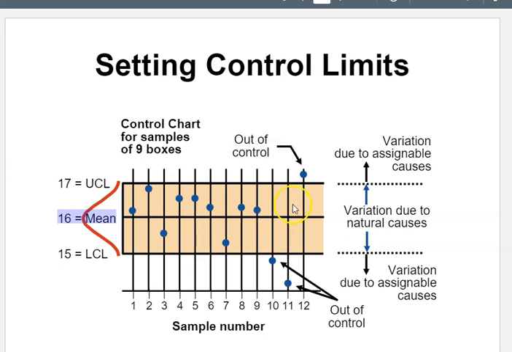If for any reason one of these points is outside the range, we say the system is out of control, and that's where we have to look at the causes and see what has caused this out of control here or out of control down here, and immediately go and fix that problem in the system, and the system goes back to being in control again.